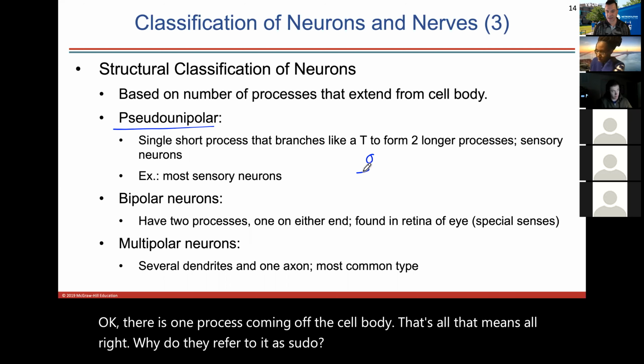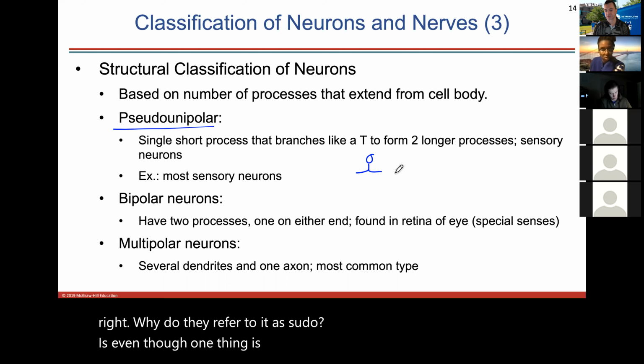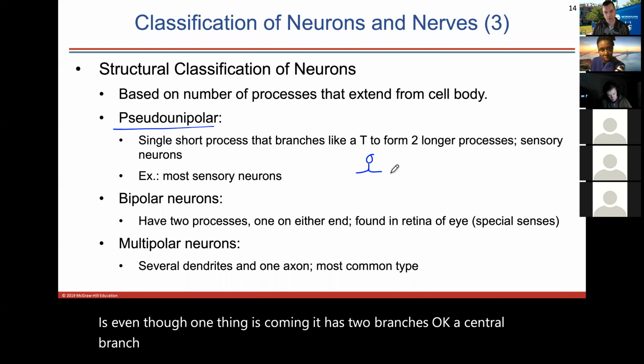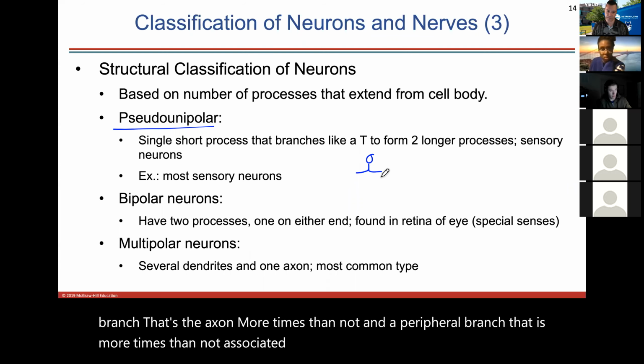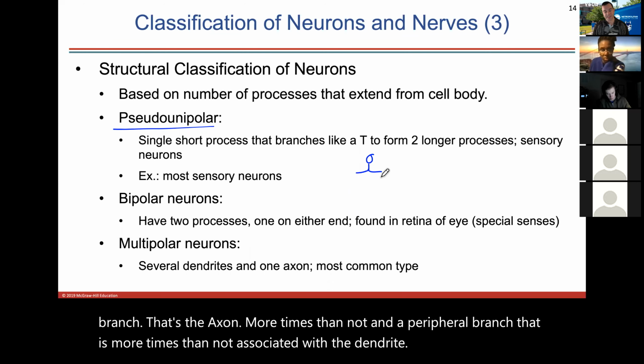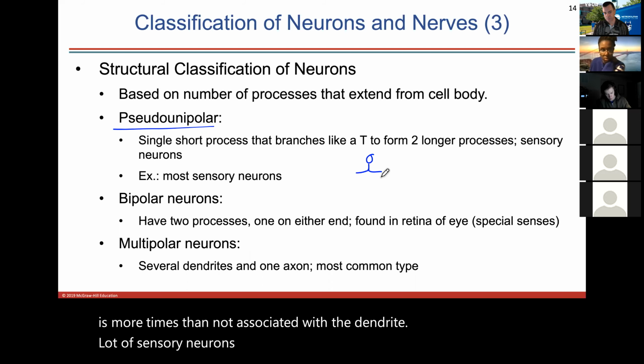Because even though one thing is coming off, it has two branches. A central branch, that's the axon more times than not, and a peripheral branch that is more times than not associated with the dendrite. A lot of sensory neurons are this fashion.